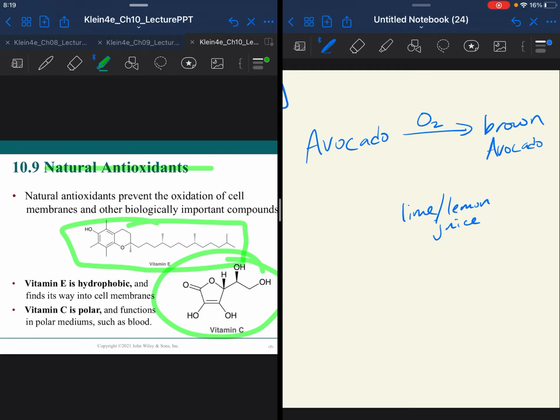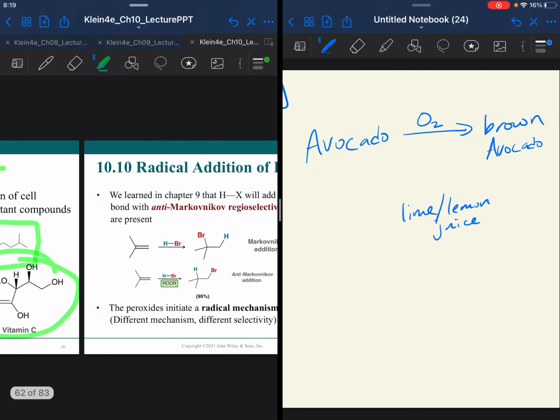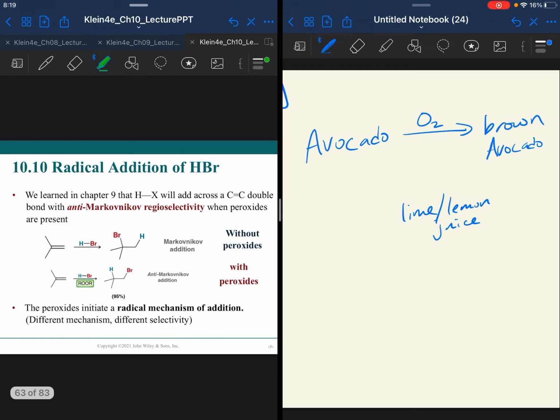It will react with the radical, make something more stable, keep it from reacting with proteins and fats and things in your face or in your body. So that was a nice little interlude through some radical reactions that are important to us just as humans.